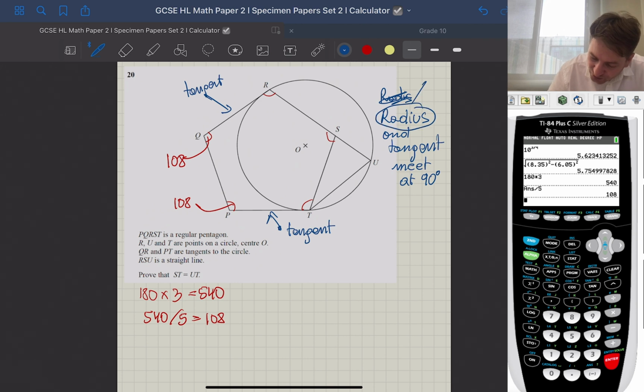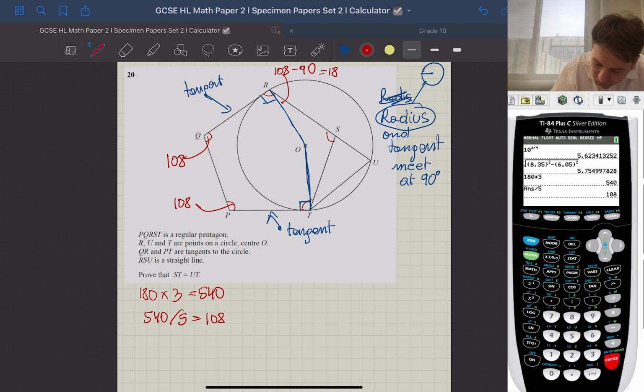Now, what is radius? Well, radius is the distance from the center to the edge of the circle, right? So that means if I draw a radius there and another radius here, I will not only have 90 degrees there, but it will allow me to calculate this angle inside, because this angle inside will be 108 minus 90, which is 18.